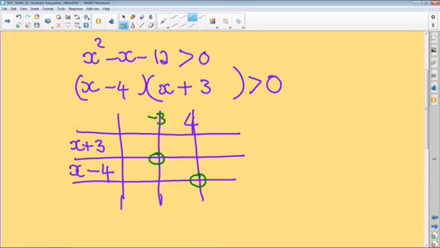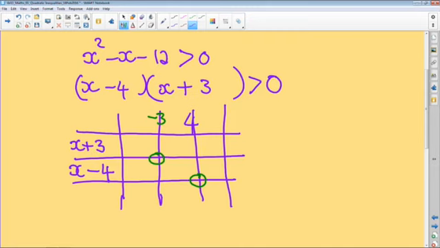Now, what were you doing here? I'm taking numbers greater than 4 and substituting. A very interesting thing happens here. If you substitute numbers after the zero, it's always going to be positive, and before the zero, it's going to be negative.